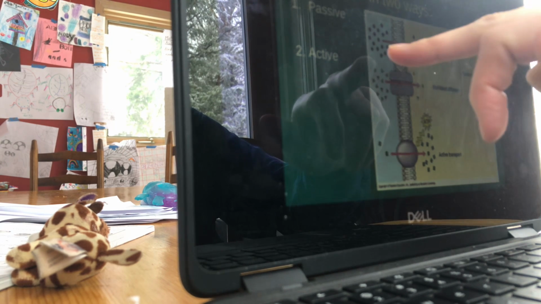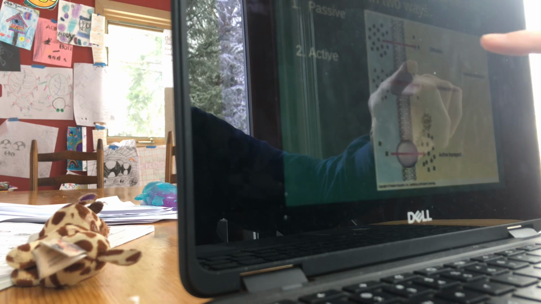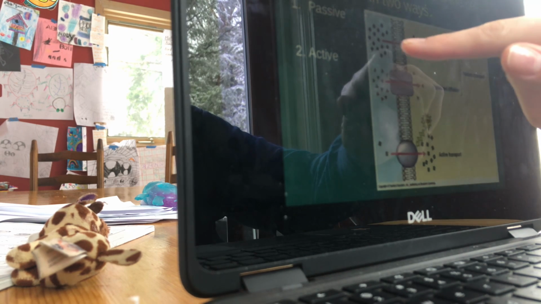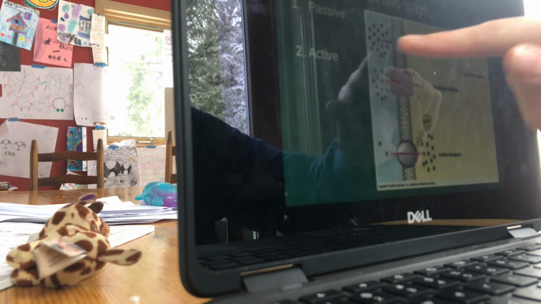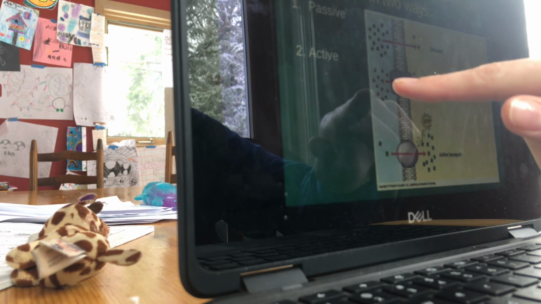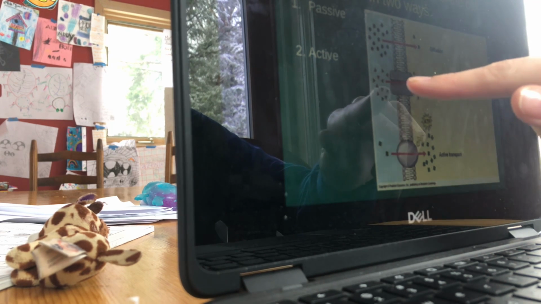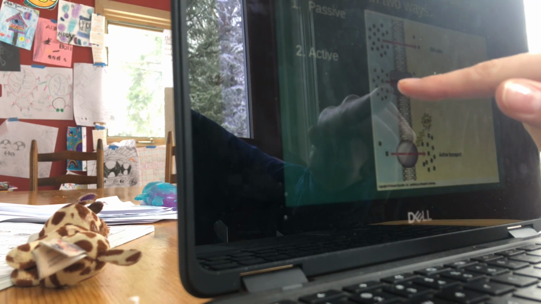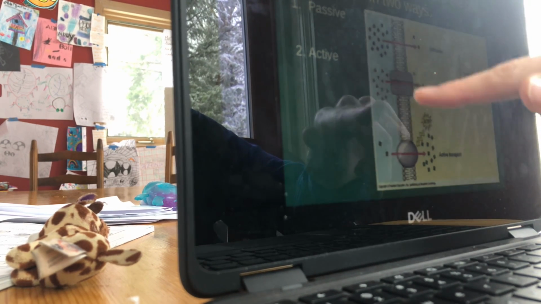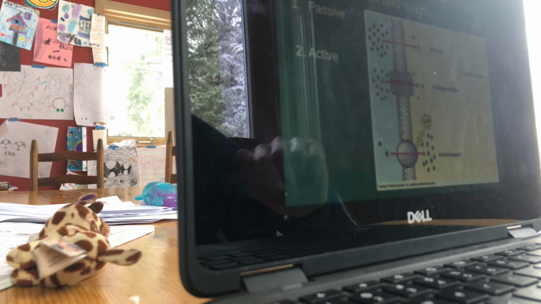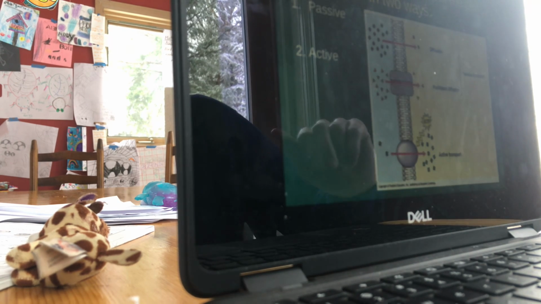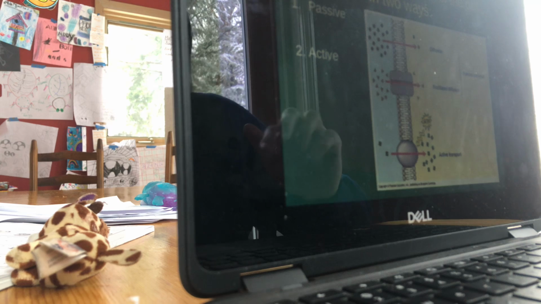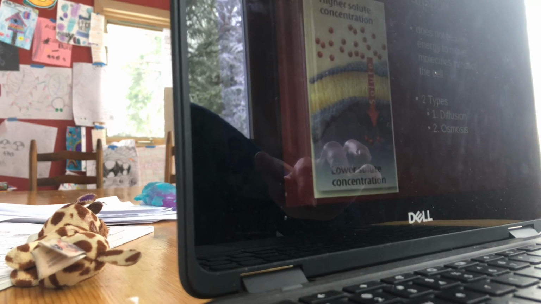Now, these processes of moving across the membrane come in different types. There's simple diffusion, where it just moves across the cell membrane. And the second is facilitated diffusion, where it has to move through one of these protein channels in the cell membrane. So, two different types, passive and active transport. Passive transport, let's talk about that one first.